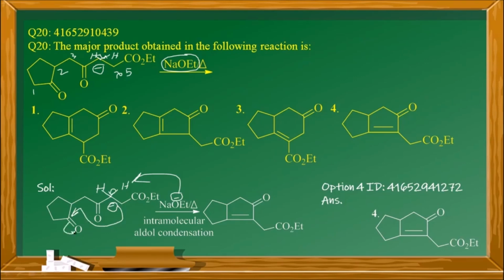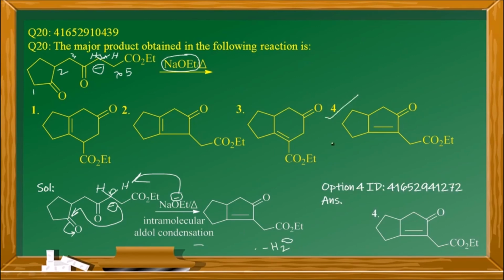So C-C bond formation takes place, there will be an alcohol, and there is no double bond now. When we heat this mixture, it loses water, minus H2O, and this gives a double bond compound. So option number 4 is the correct option, friends.